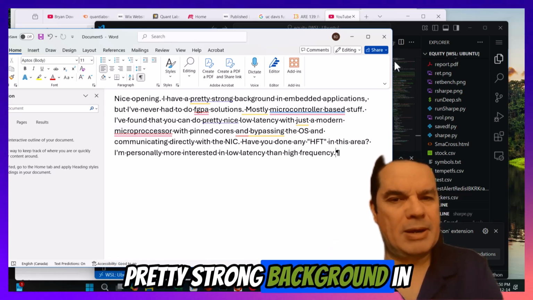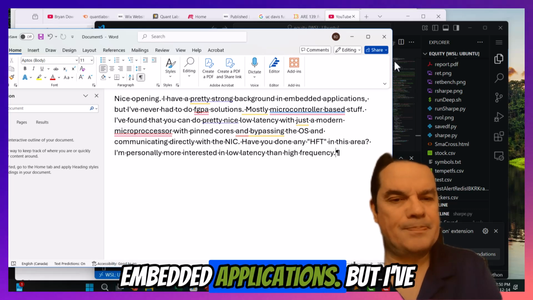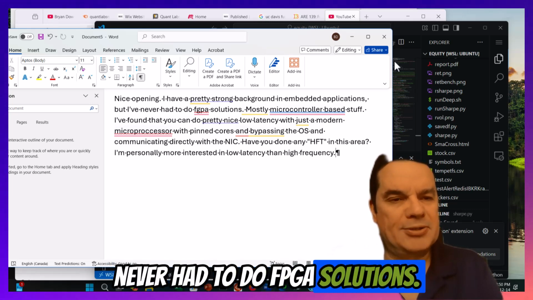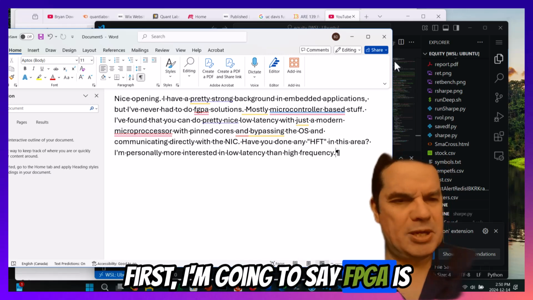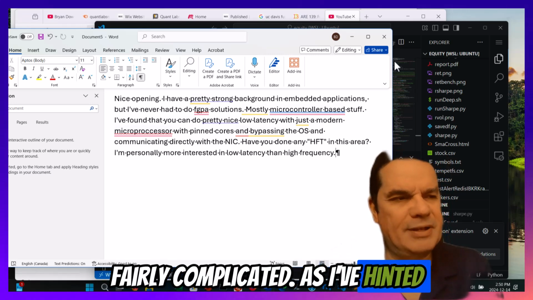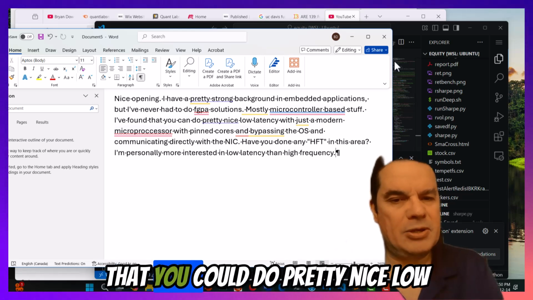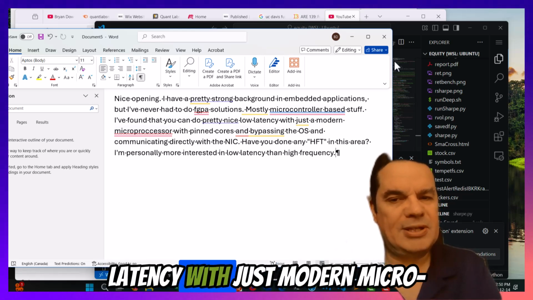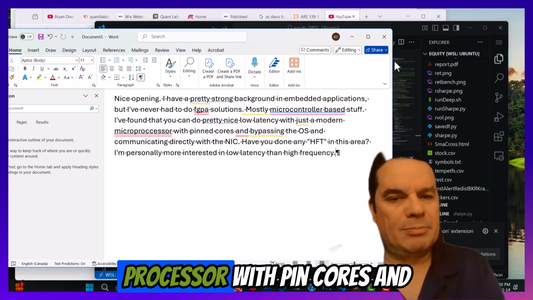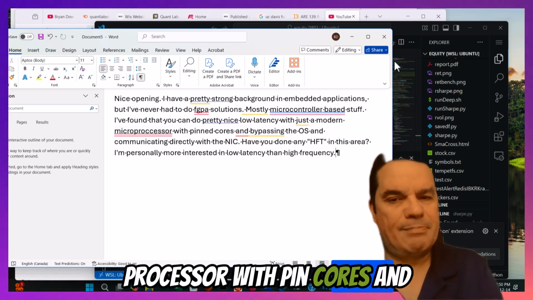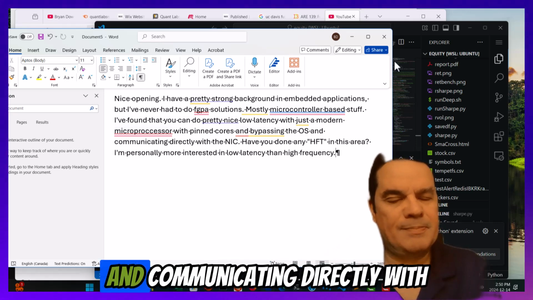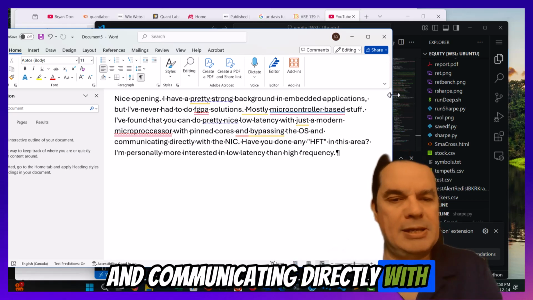I have a pretty strong background in embedded applications, but I've never had to do FPGA solutions. Personally, I'm going to say FPGA is fairly complicated, as I've hinted at before. Mostly microcontroller-based stuff. I found that you can do pretty nice low latency with just a modern microprocessor with pin cores and bypassing the operating system and communicating directly with the NIC.